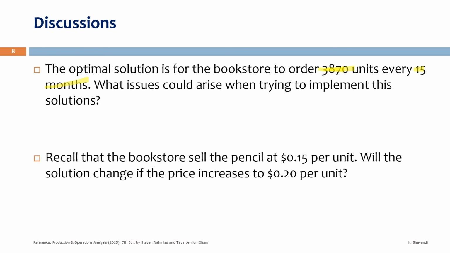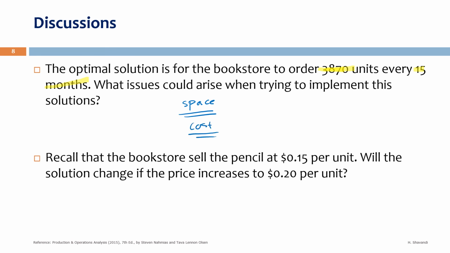So the first issue here could be space. We want to see if this optimal solution is feasible for the bookstore. Does the bookstore have enough space to store the requirement for 15 months? If yes, that's fine. And the second issue here will be the cost.